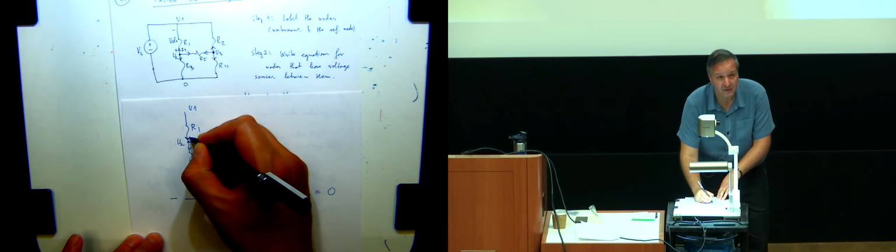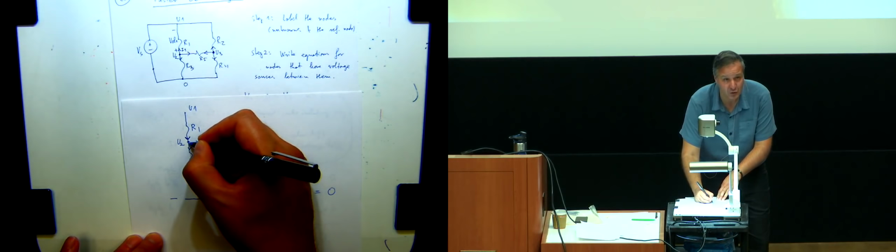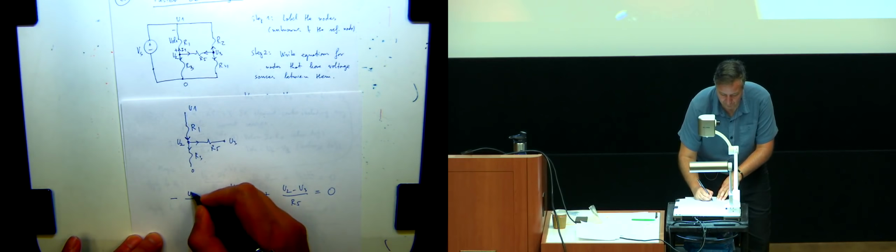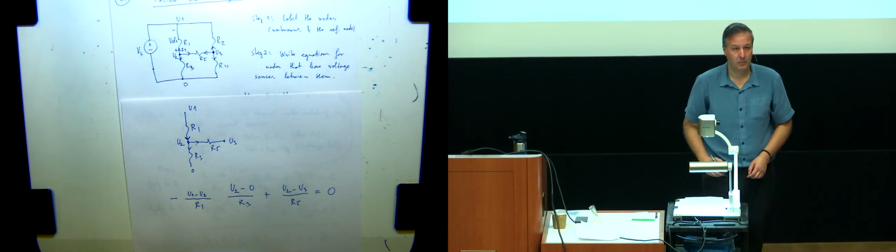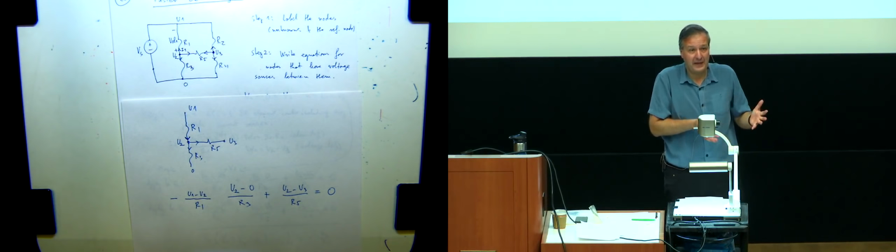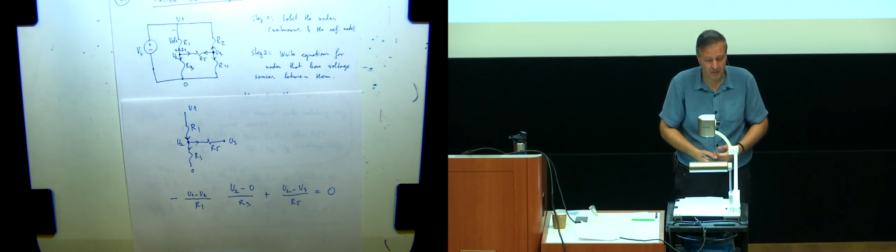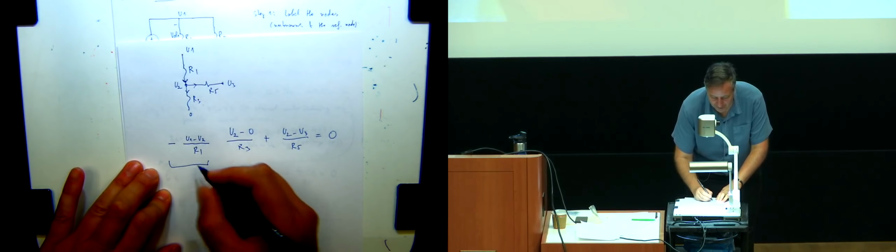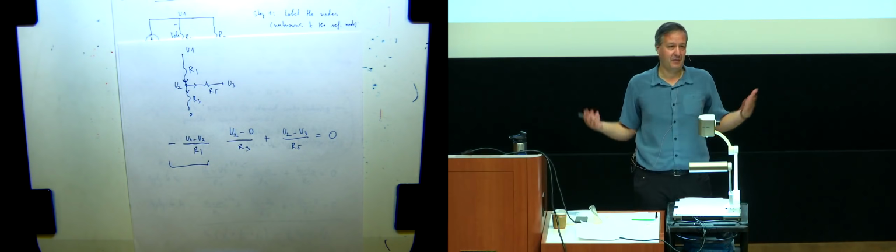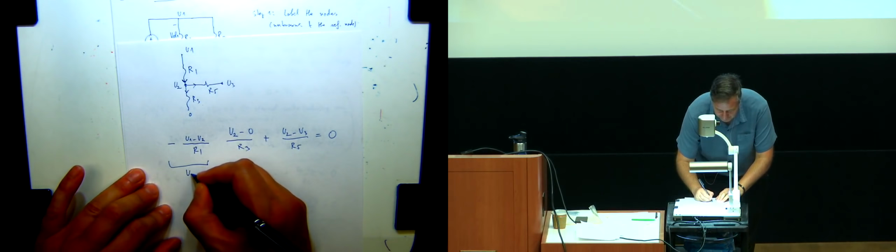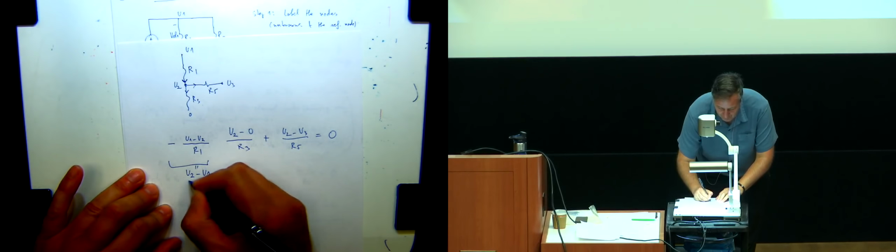But this current is defined as U1 minus U2 over R1, because I have to obey the passive sign convention. So guess what happens? I get the same thing. It's just a headache of a minus on a minus. So this is the same as U2 minus U1 over R1.